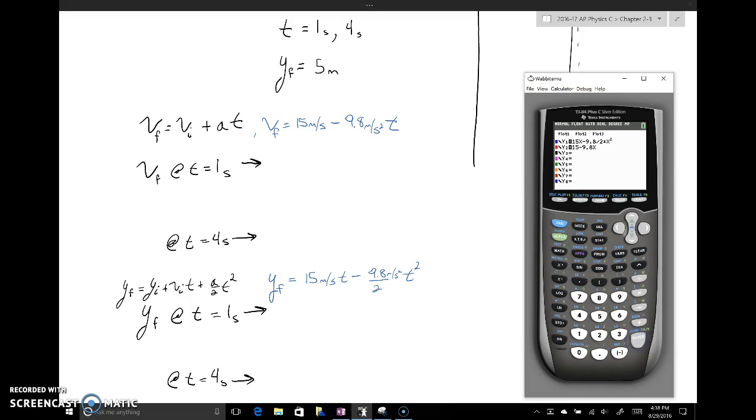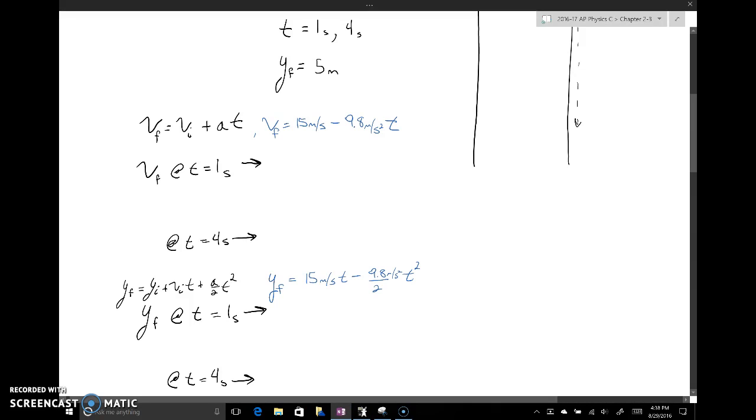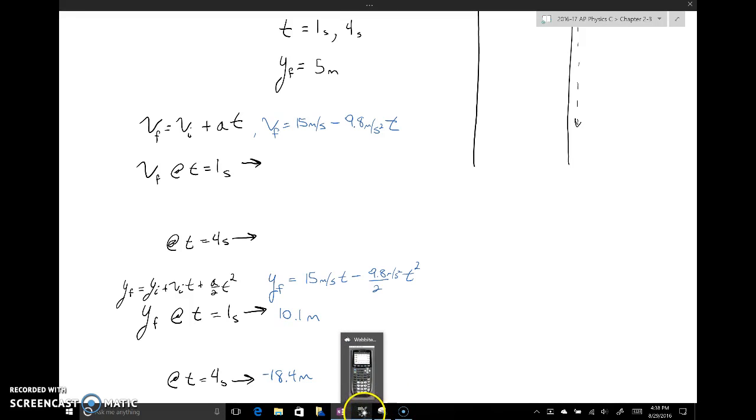Okay. And we can actually reuse this. There's y1, so this is going to be our position at 1 second, and then we need our position at 4 seconds. There we go. 10.1 and negative 18.4. Okay, and then we'll do our velocity.